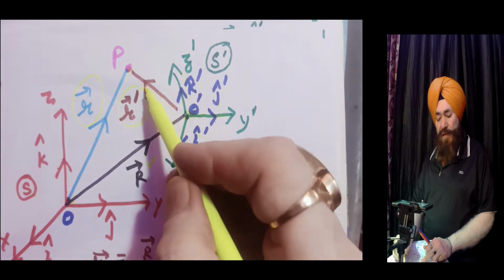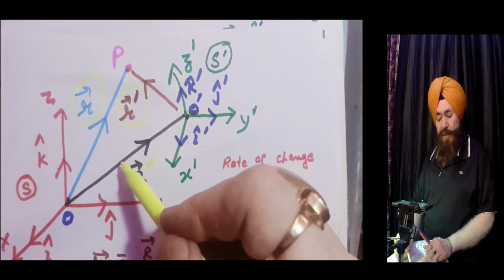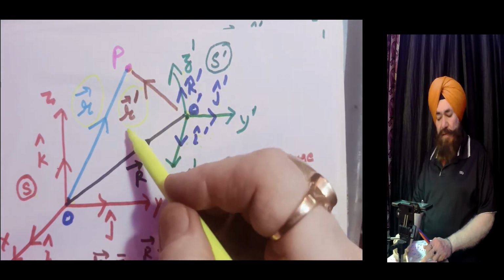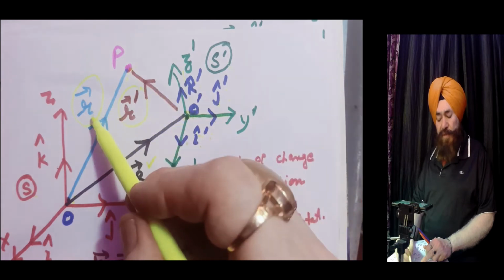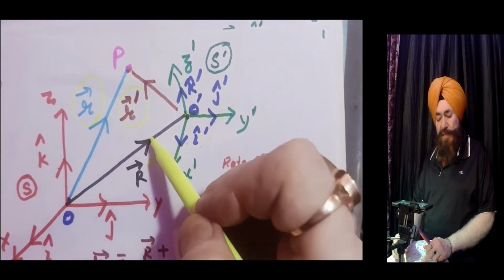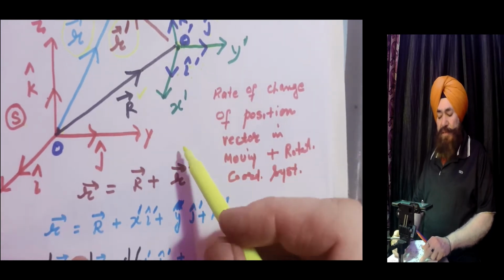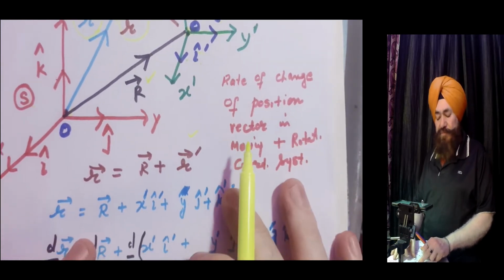Now apply the triangle of vector addition. These vectors are along the same order, so r vector becomes R plus r dash. So this is our first equation.